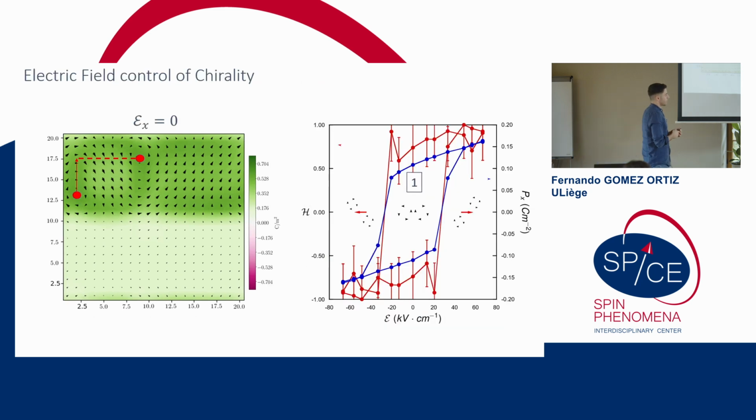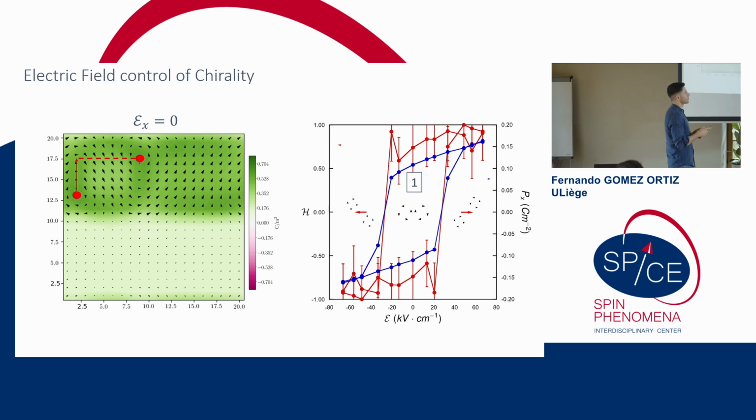Like this, we can generate a hysteresis loop. Here we are applying an electric field along x. In blue, we are plotting the polarization along x that follows this hysteresis, and in red, we are plotting the helicity, or the chirality, of the structure.